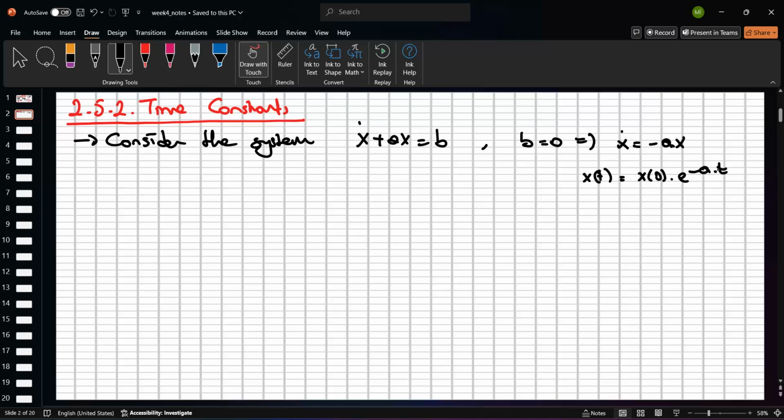Okay? And so, how does our system behave under this equation? So, we can draw this t and x(t) axes, and for example x0 can be assigned here. Okay, and so how should I draw this equation?